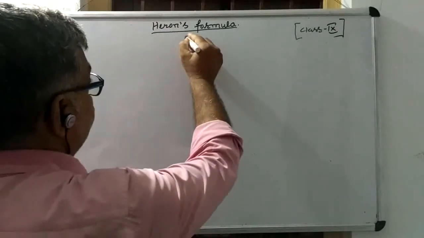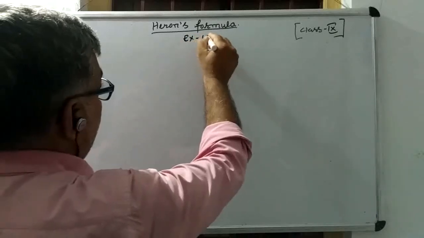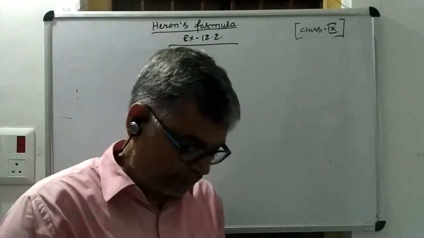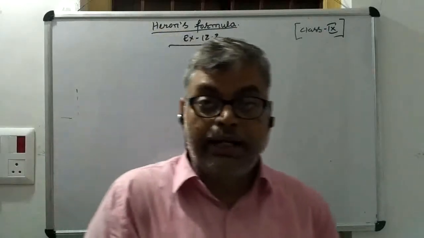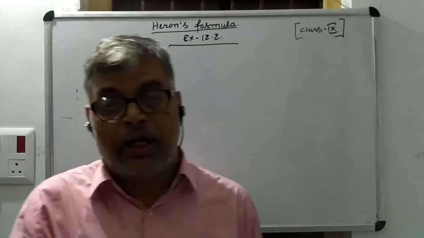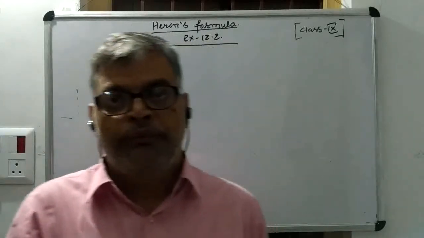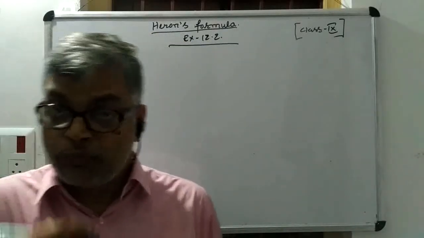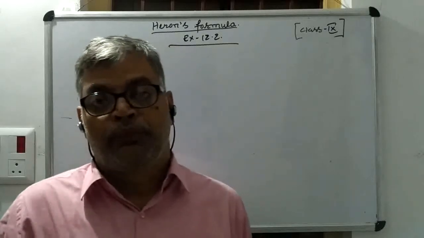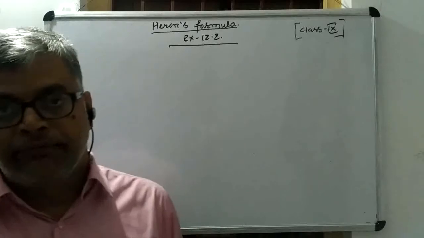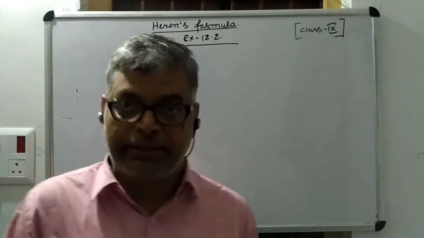In the previous exercise, you learned how to find the area of a triangle by Heron's formula. Now we need to apply Heron's formula in finding the area of a quadrilateral.